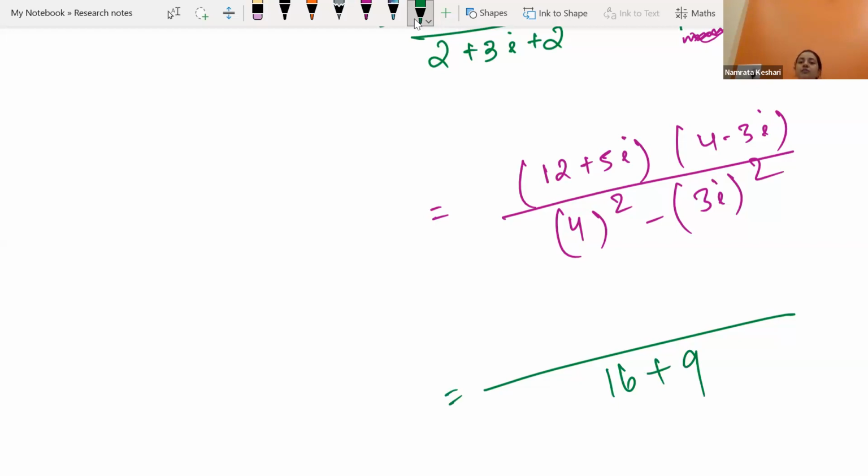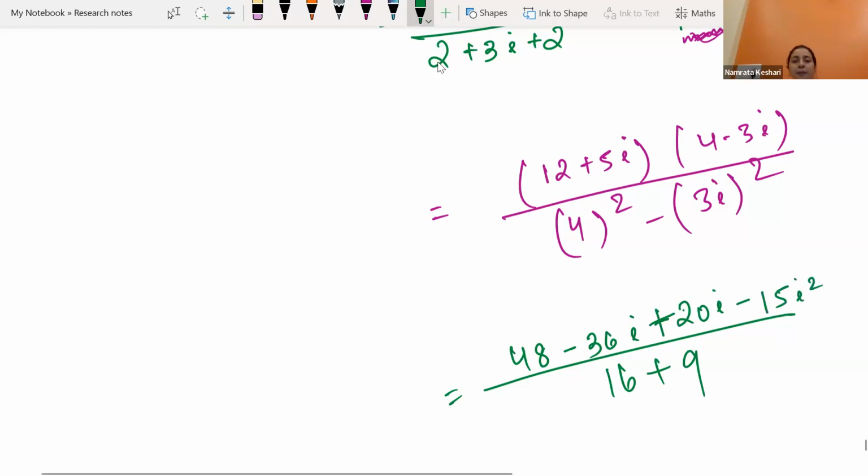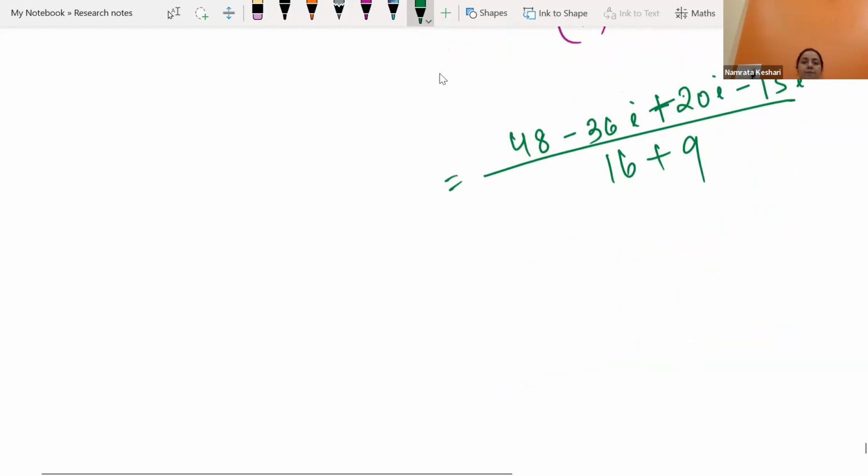Numerator it will be 12 times 4, 48. 12 times 3i, 36i, minus no, plus 20i minus 15i square, right? Let's try simplifying.